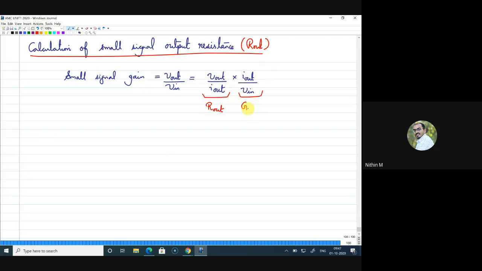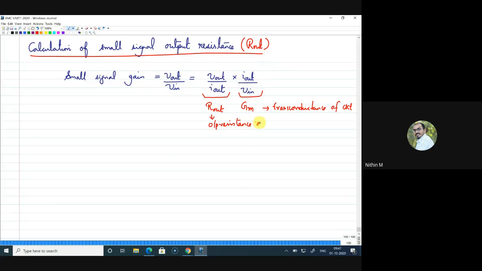We generally call it gm. So for any circuit, gm is the transconductance of the circuit, not of the transistor but of the circuit, and this is the output resistance of the circuit.